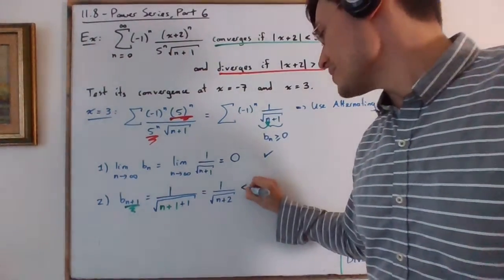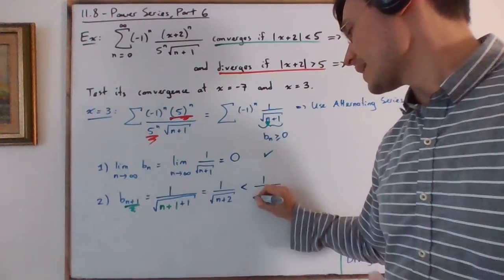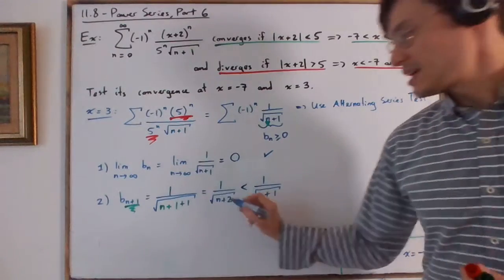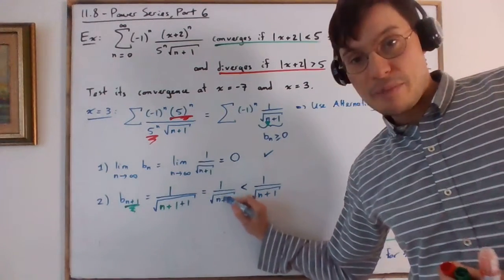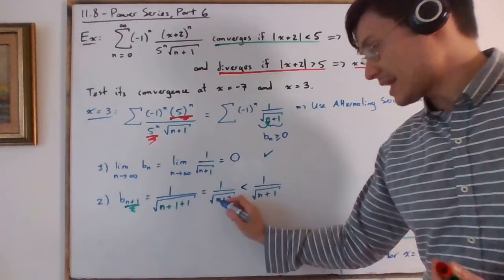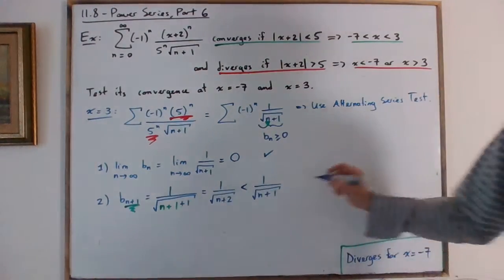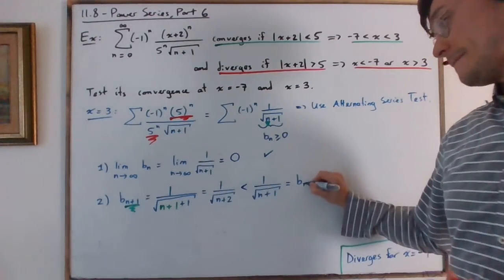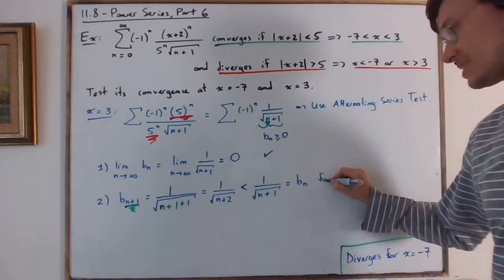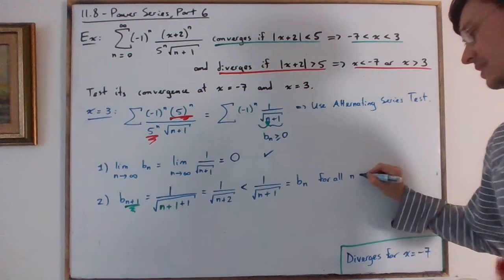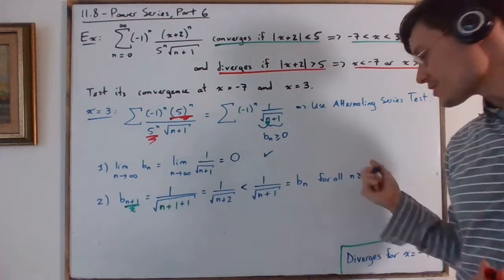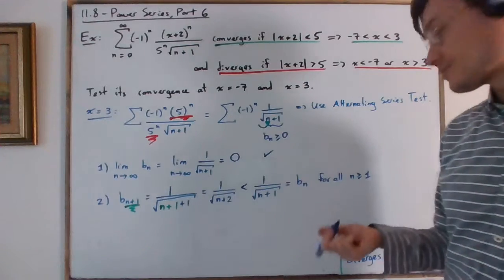And then we know that this is smaller or equal to 1 over the square root of n plus 1, because by making our denominator bigger, we make the overall fraction smaller. So this is smaller than this, but this right here is Bn. And this, by the way, is true for all positive integers n bigger or equal to 1.